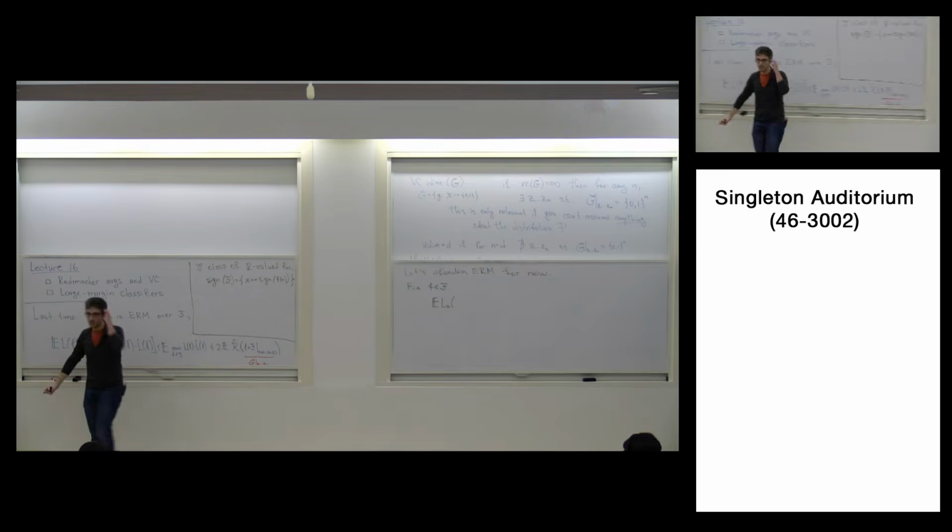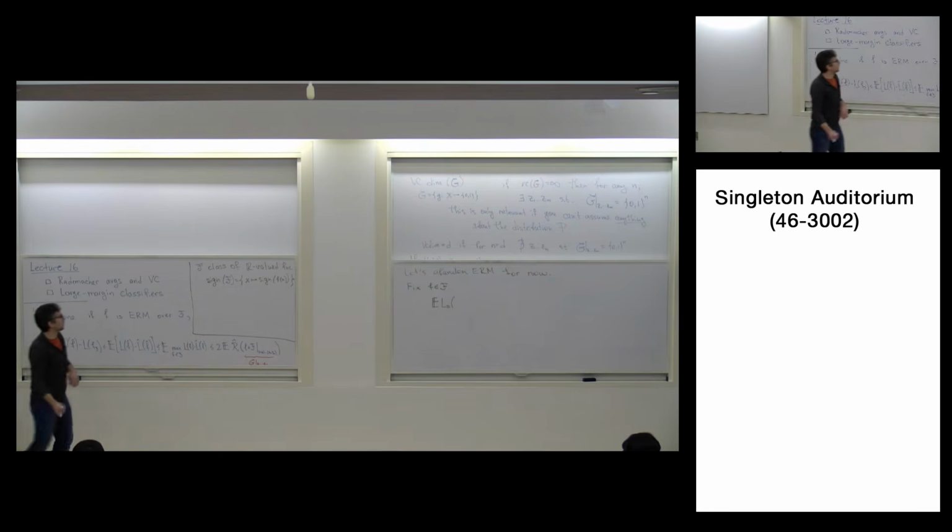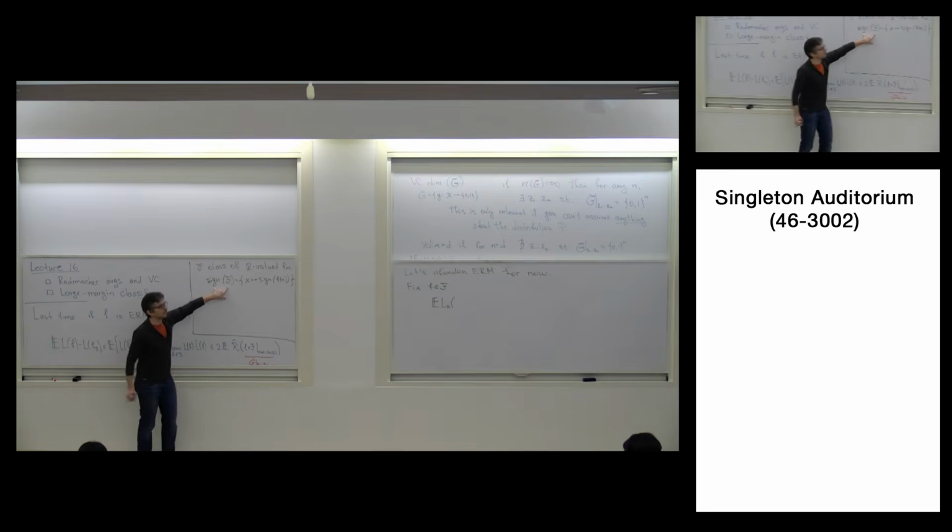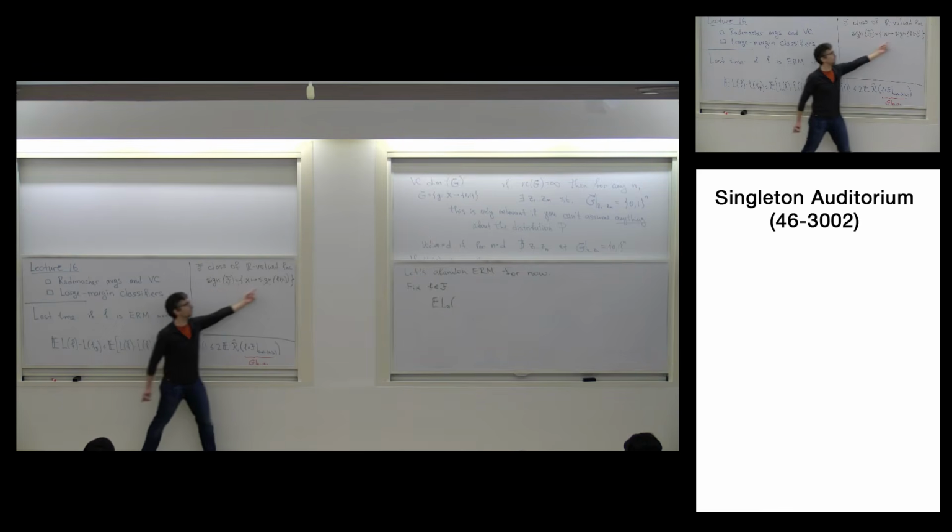In other words, I'm generating a binary-valued class from a real-valued class by just looking at the sign of the prediction.